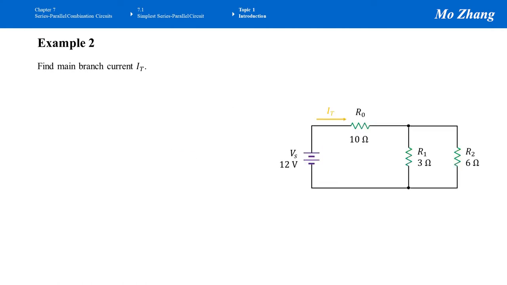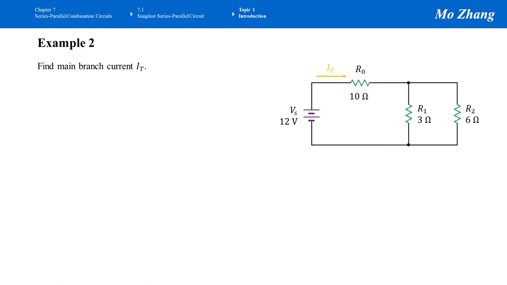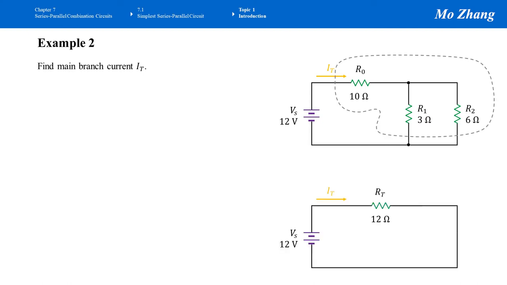So let's put a circuit here, and we can just replace those 3 resistors by that single resistor, R total. From previous example, we know Rt equals to 12 ohm. Now we can apply Ohm's law, because this circuit, the replaced circuit, has only one source and 1 resistor.